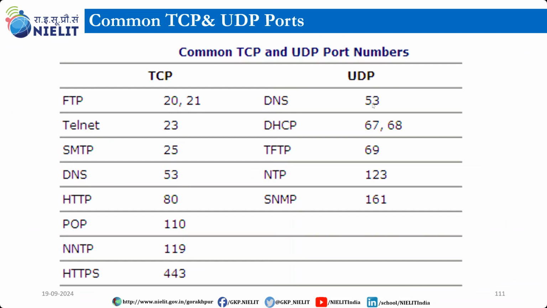Now this DNS is appearing at both places, under TCP also, under UDP also. So what is the reason behind this? Why is DNS running using both TCP and UDP 53? TCP 53 is different and UDP 53 is different. It is not the same port. Both are different ports. DNS is used for name resolution service.